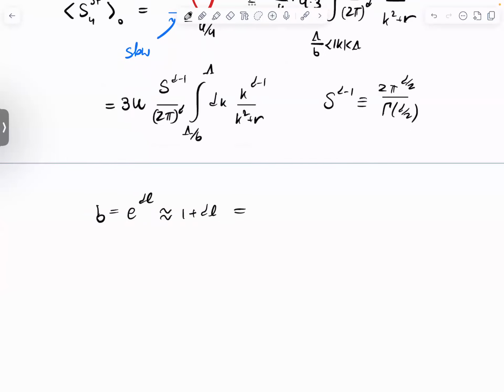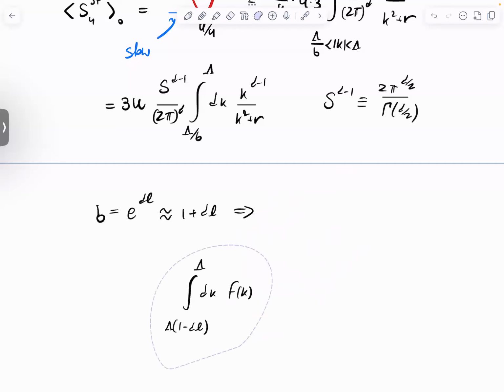Then this integral has the structure of integral from lambda times 1 minus dl up to lambda, dk over some function of k.